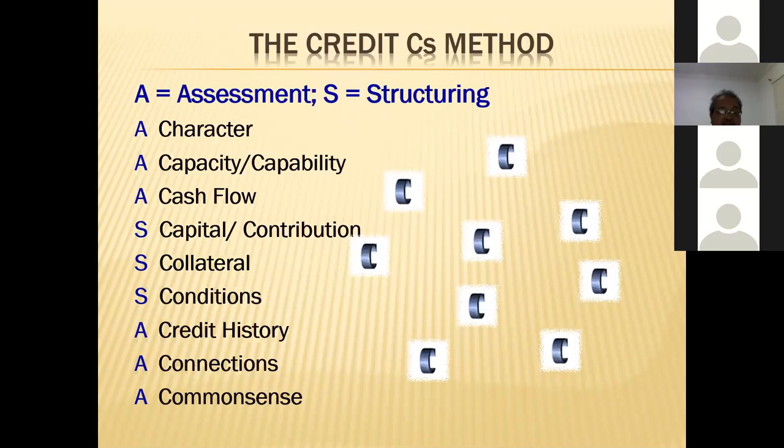Credit history is assessment. Connections is assessment. Common sense is assessment. And then the three items related to structuring are capital or contribution, collateral, and conditions. Okay, so that's what those letters next to them mean. A for assessment, S for structuring.